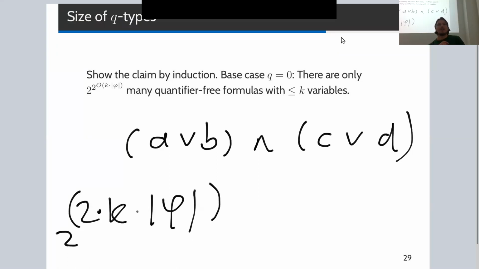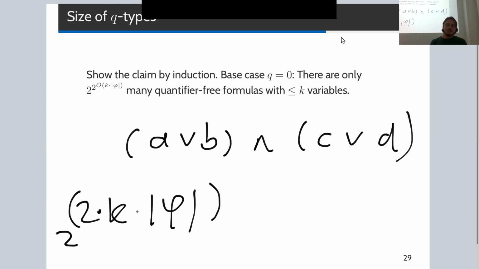And then our formula, it is a conjunction of clauses. So you can have multiple sets of clauses. And how many clauses can there be? I guess you get another exponent.